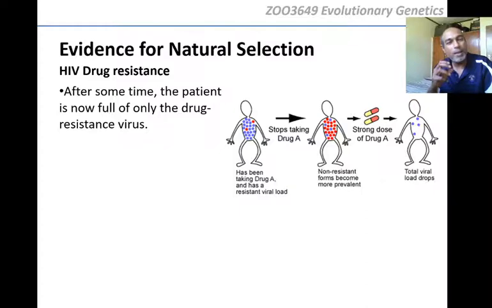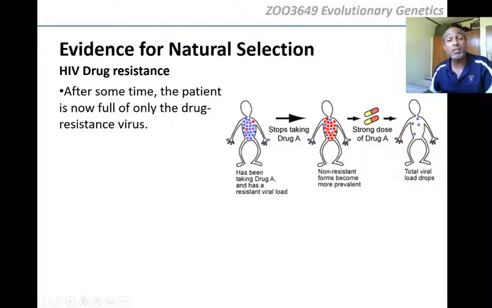Under normal circumstances, it's even more efficient than the blue one. So you stop taking the drug A, okay? And what happens? That blue one that is HIV resistant gets less and less and less, and you allow the virus inside the patient to compete with each other.